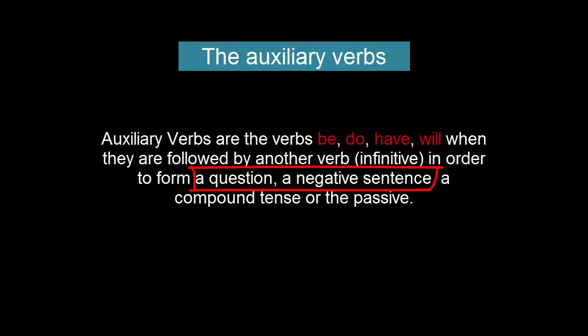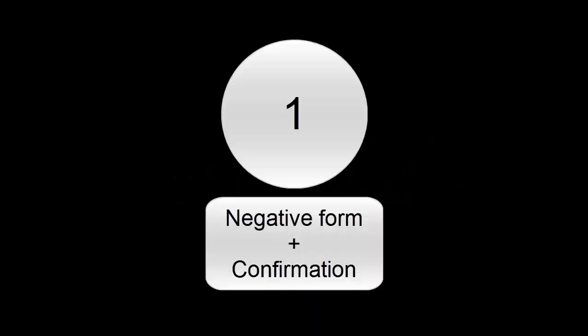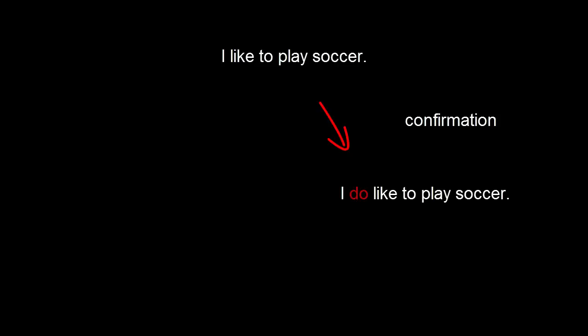Let us start with the negative form and the confirmation. An example: I like to play soccer. If we needed to write down a confirmation, we use the auxiliary verb do, so we say, I do like to play soccer.